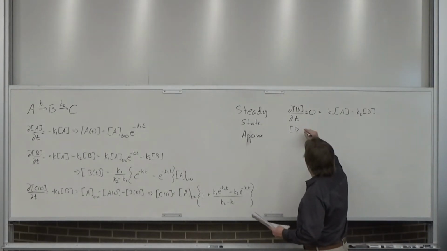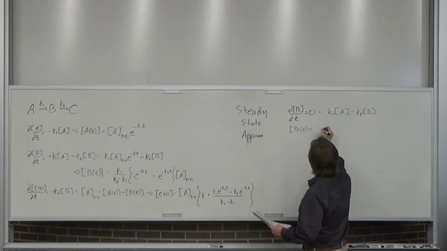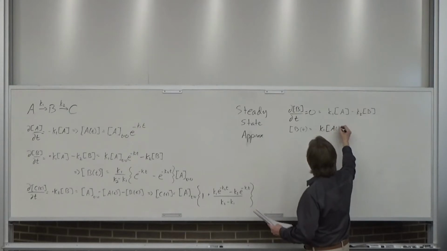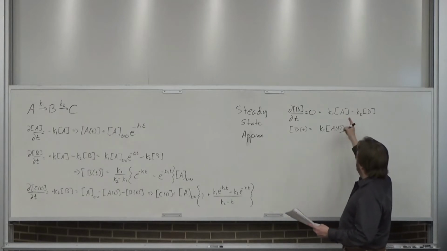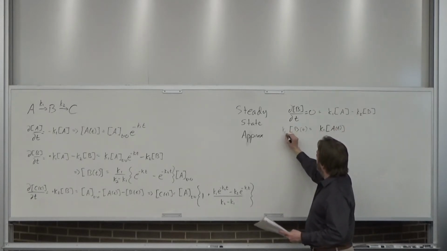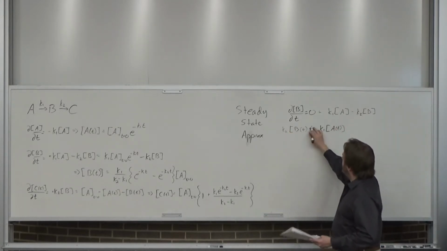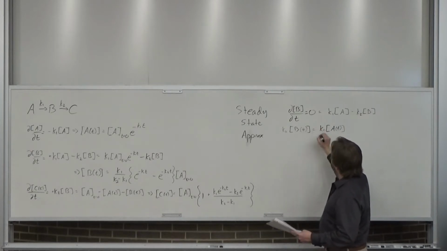So therefore, B as a function of time is equal to K1A as a function of time. Again, I've been actually leaving these out, so sorry about that. And so it's actually K2B, sorry, I forgot the bracket.